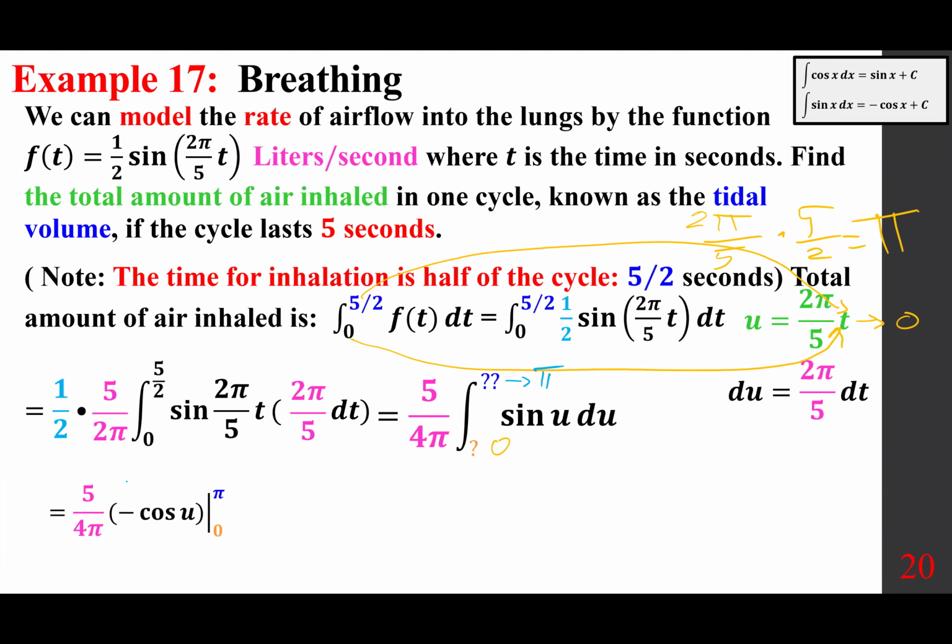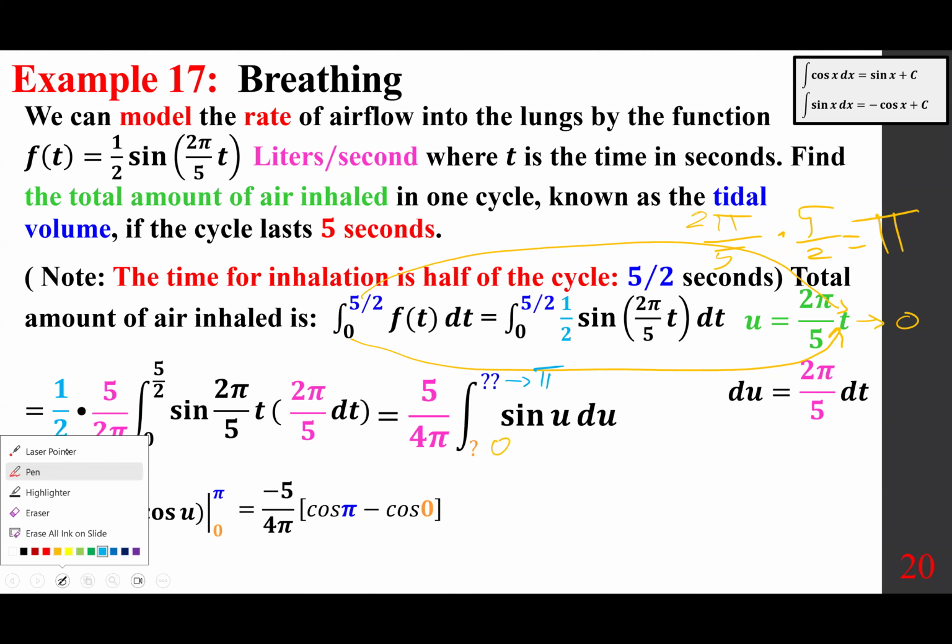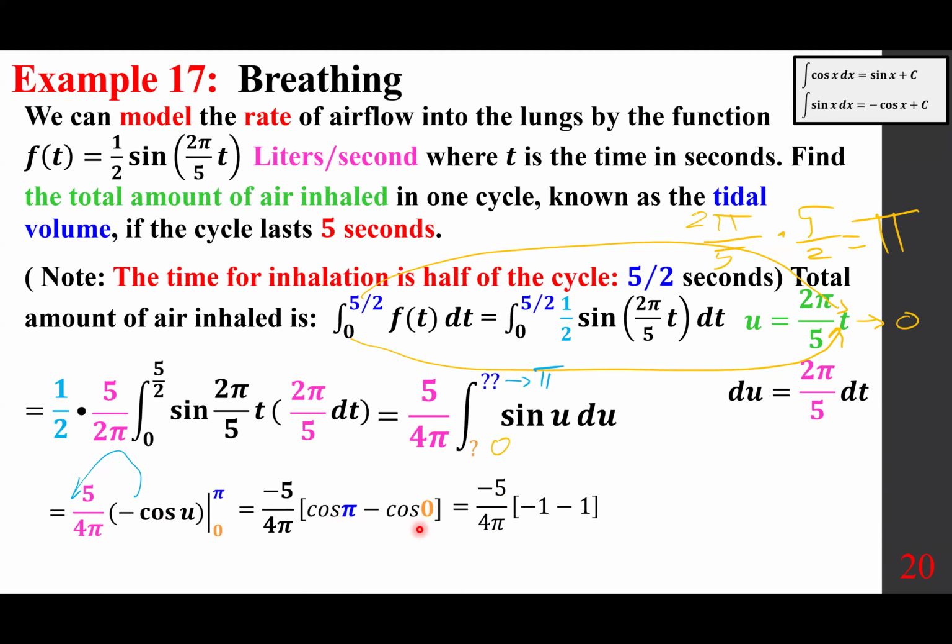And so let's take the negative sign out. Let's plug in π and 0. As you know, we get minus 5 over 4π because we took care of the sign. Cosine π minus cosine of 0. Cosine π is negative 1. Minus cosine 0 is positive 1. Minus 1 is negative 2, times negative 5 we get minus 10, plus 10 over 4π, or 5 over 2π.